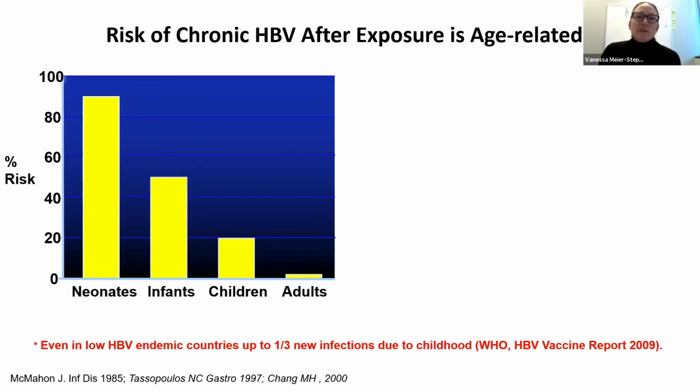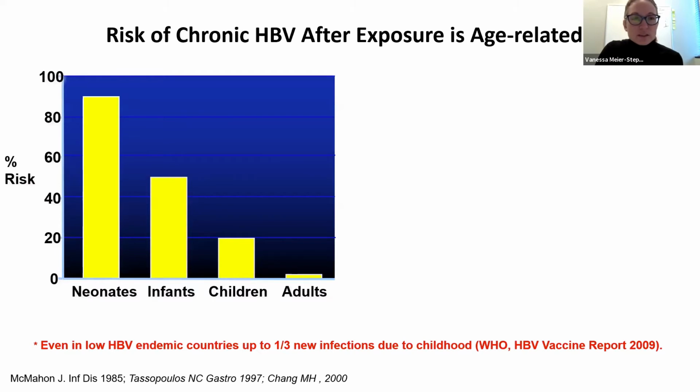The risk of developing chronic hepatitis B after an exposure is age-related. The younger you are, the greater the chance of developing a chronic infection. In neonates, around the time of birth, children who are exposed to hepatitis B have an over 90% chance of developing chronic infection.